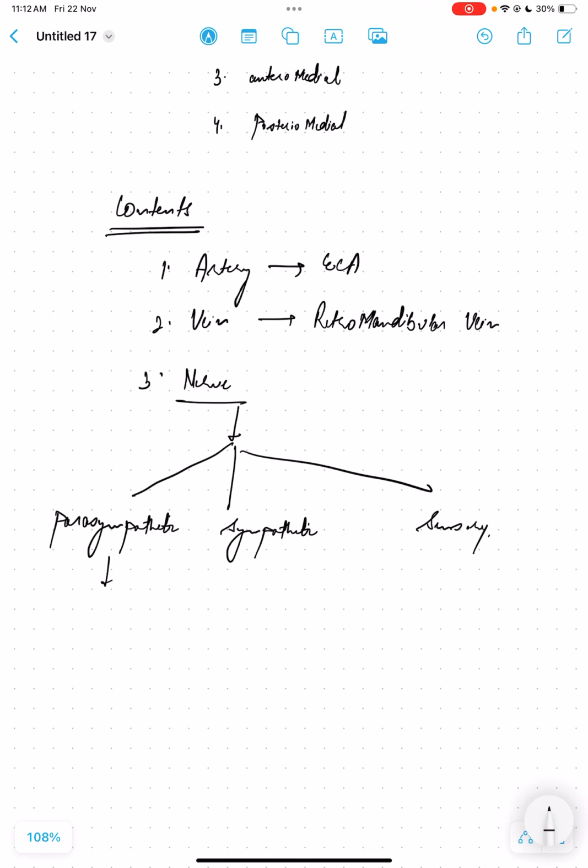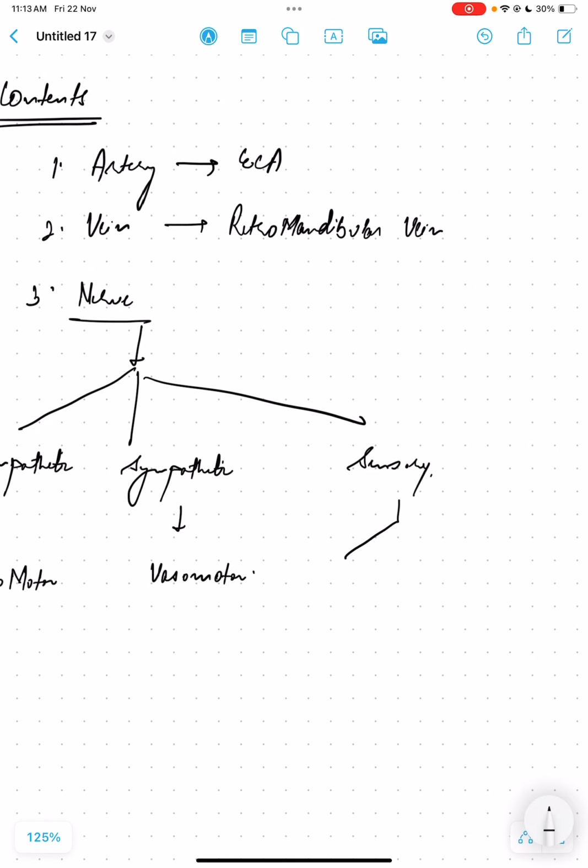Parasympathetic is basically secretomotor. Sympathetic is basically vasomotor, and sensory involves two nerves: the auriculotemporal nerve and the greater auricular nerve, that is C2 and C3.